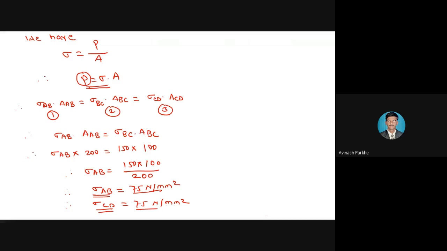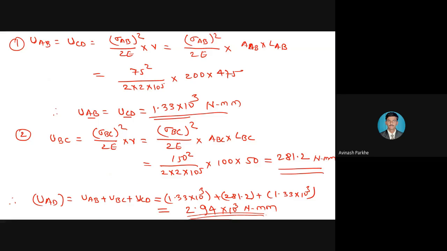And from that we have calculated the stress induced in AB and CD, which is equal to 75 Newton per mm square. And then by using those stress values, the Young's modulus and the volume of each section, we have calculated the separate strain energy stored in each section. And at the end, we have made the addition. Please check your answer, 2.94.